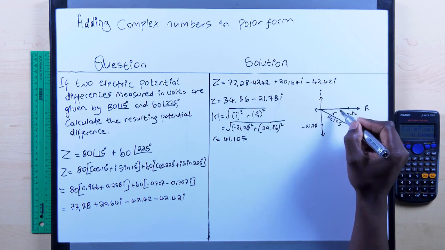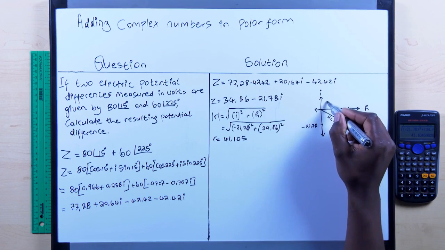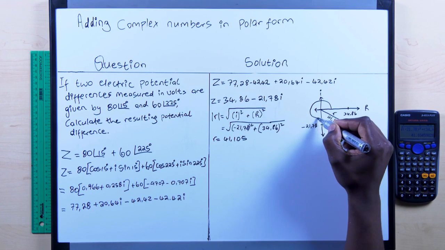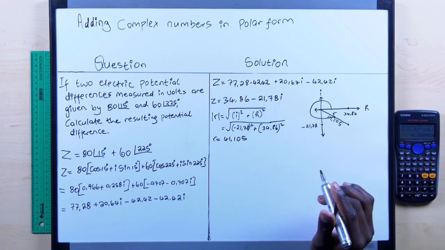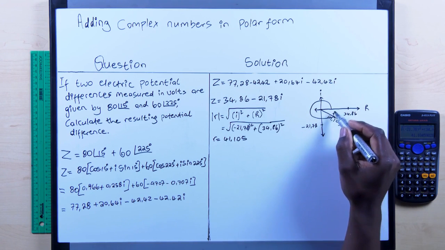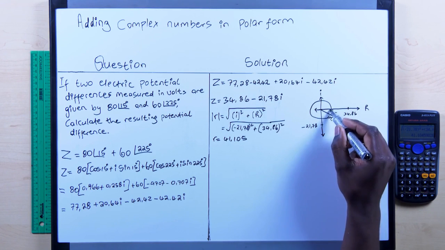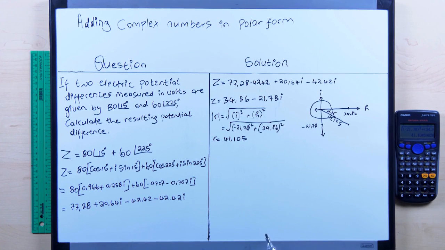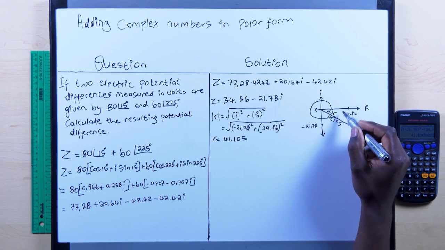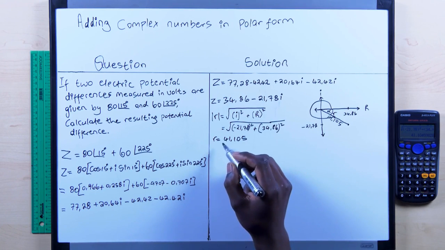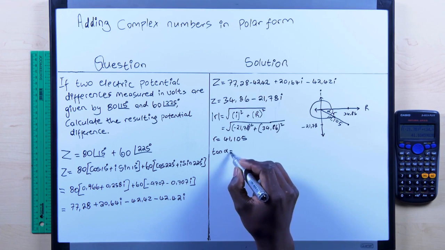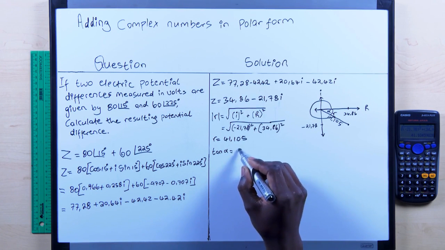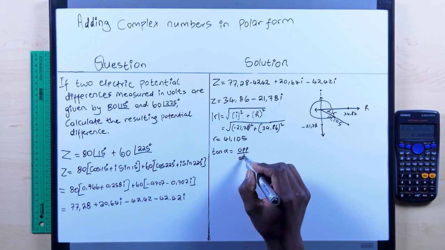Then we have measured our angle like this. This is what it means. Then we need to find this angle here. We can call that alpha. So let's find the magnitude of alpha. We're going to need to find tan alpha, which should be equal to the opposite side over the adjacent side.